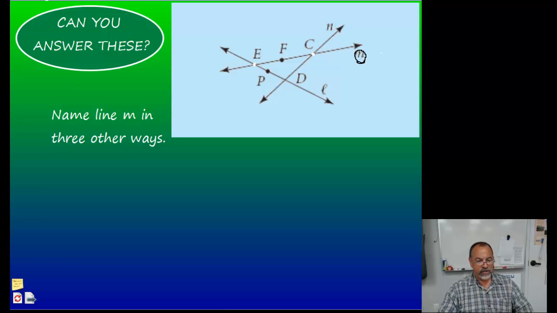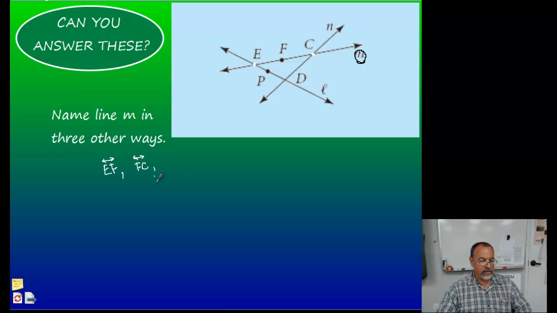And here's a point. So I can name this line using any 2 points on the line with the line symbol. So one way I could do this would be to do E, F with the line symbol over the top. That's one way. Another way I could do it would be F and C. Those 2 points are on the line.